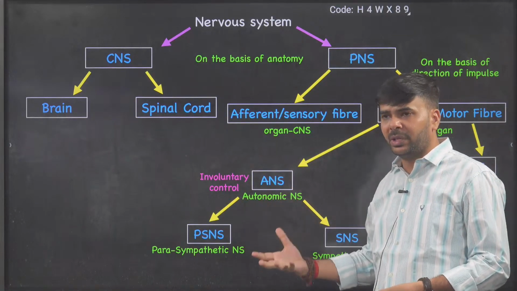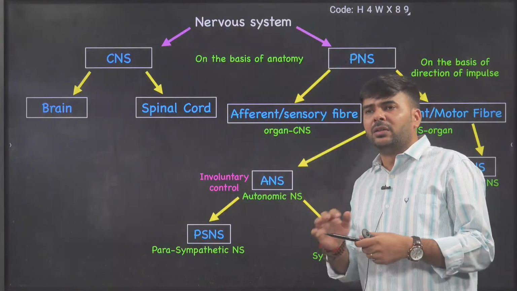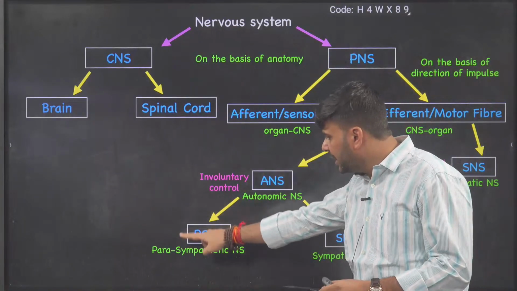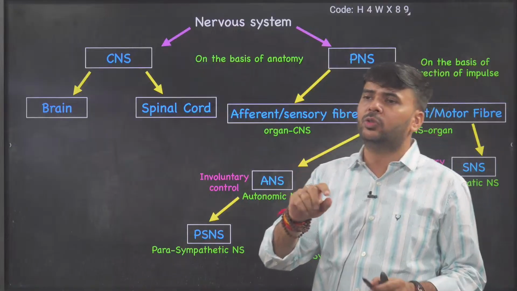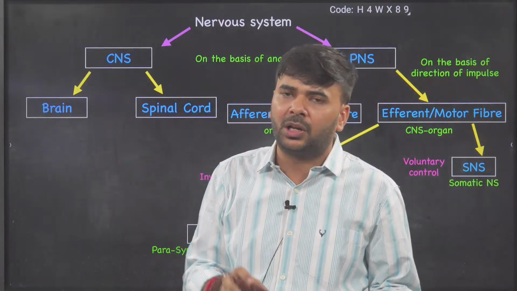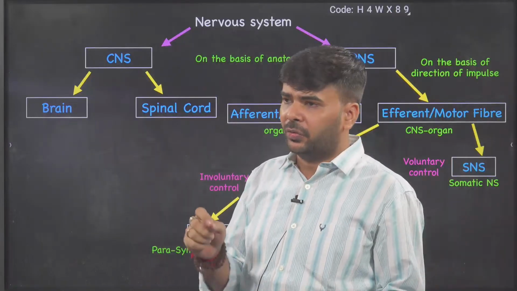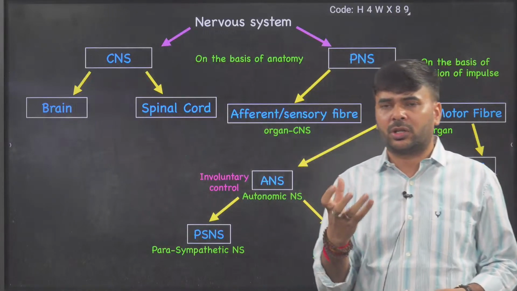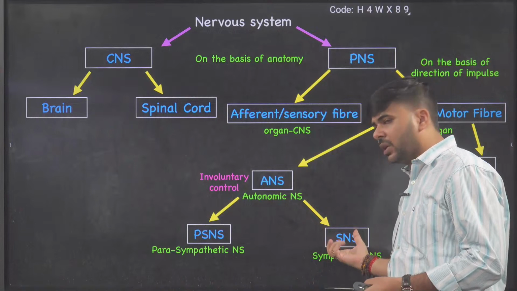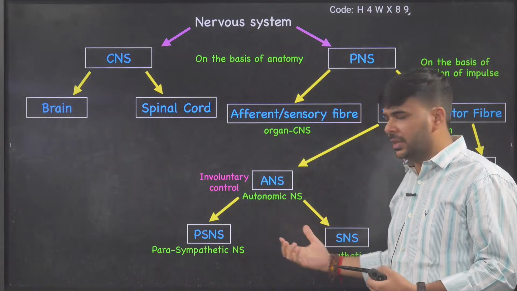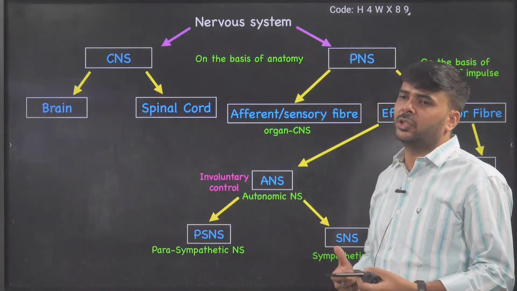When we are happy, when we are normal, under a relaxed condition, PSNS is working. So all of you, when you are attending this lecture, in your body PSNS is active. And when you are in a stress condition, short-term stress, in an active alert condition, then SNS starts in your body.